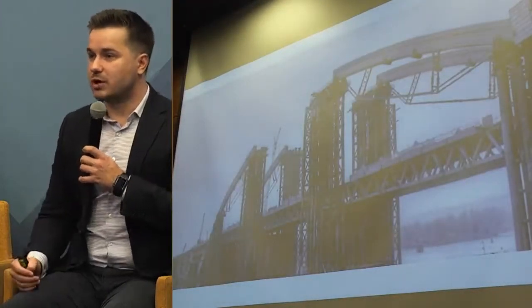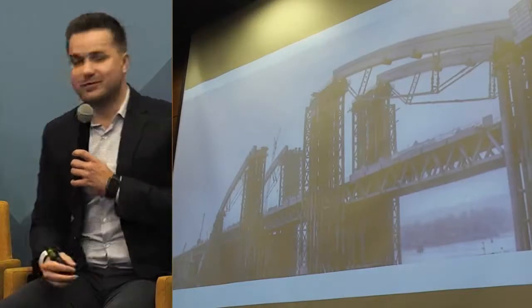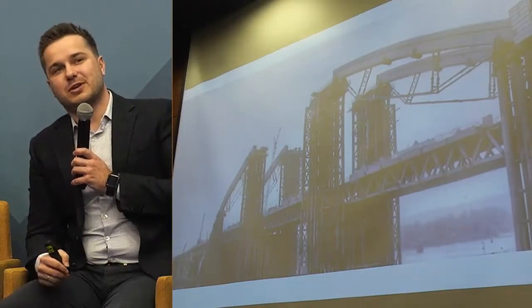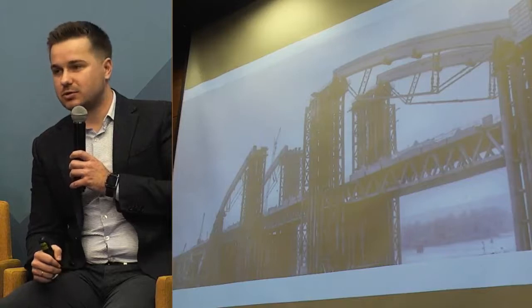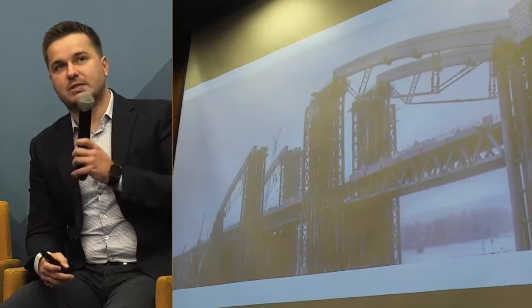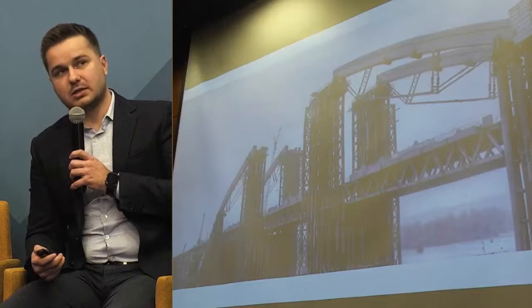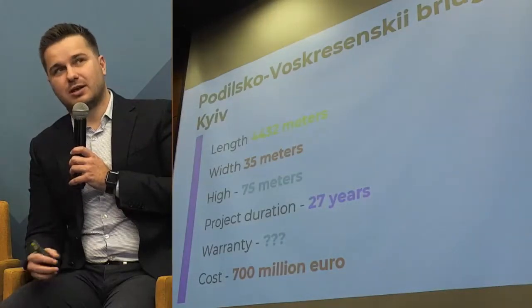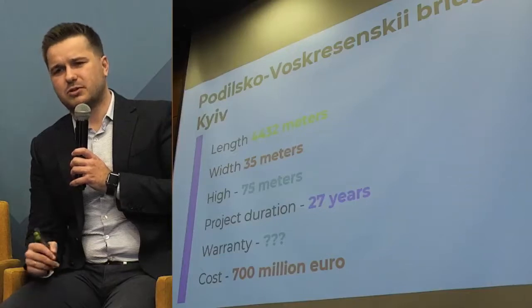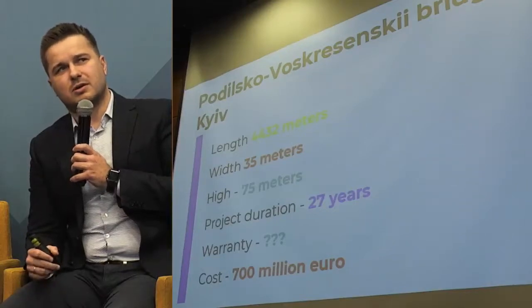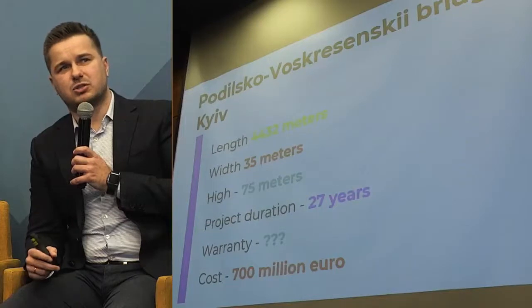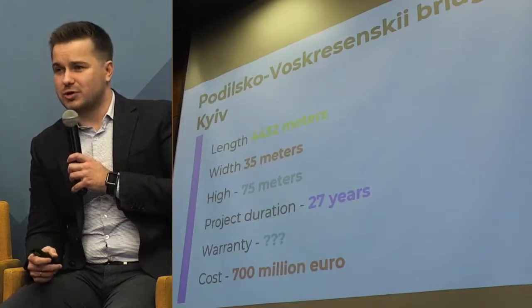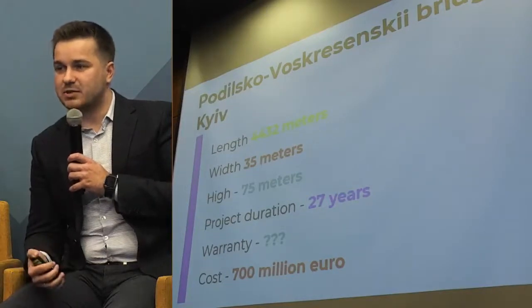Those who have been in Ukraine, in Kyiv, and saw this picture, in one of the nicest districts of our city, we have this situation. It should be the Podilsko-Voskresensky bridge, with parameters pretty close to the Viaduc de Millau, a little bit longer but much lower, and the project duration so far is 27 years.